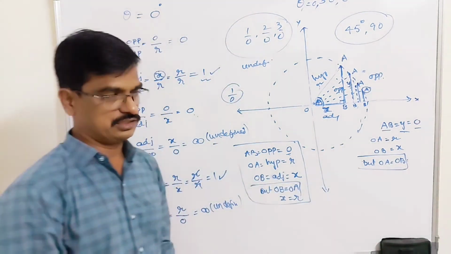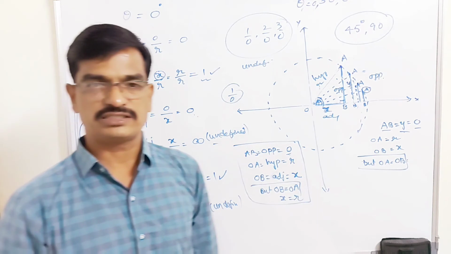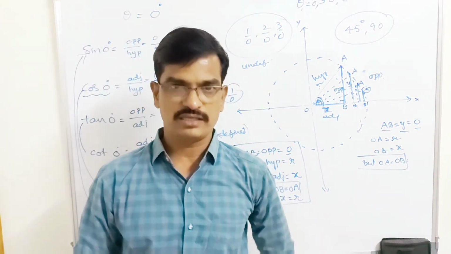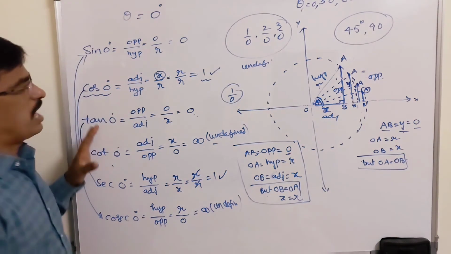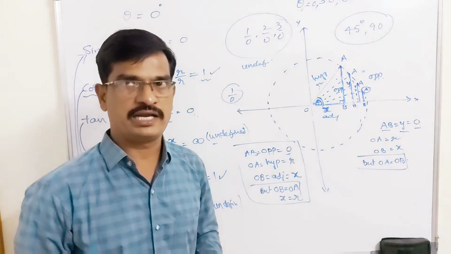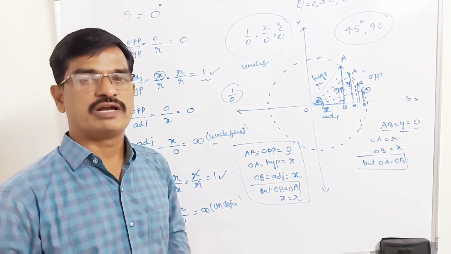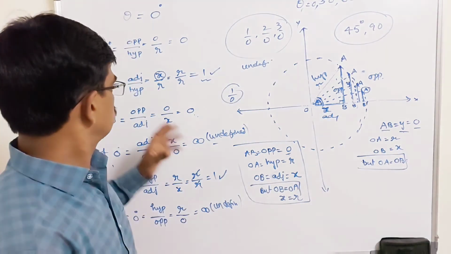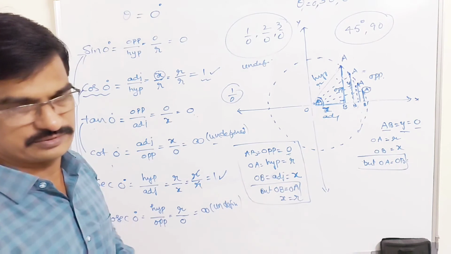This 45 degrees and 90 degrees values next class I will explain. So whatever the values we found here, you once go through it and remember it for a long time, because while doing exercise sums you can say immediately sin 45 degrees, sin 30 degrees, cos 60 degrees, like that.